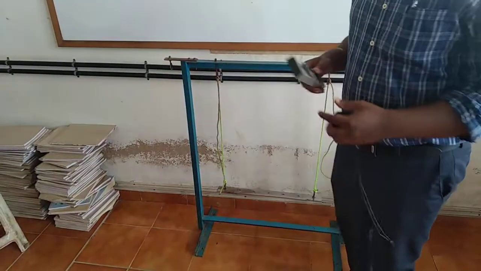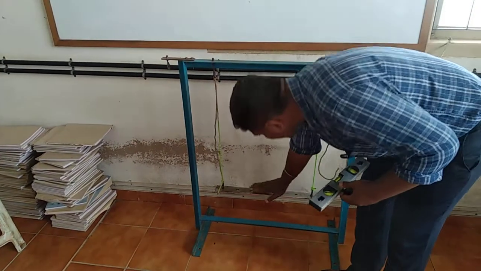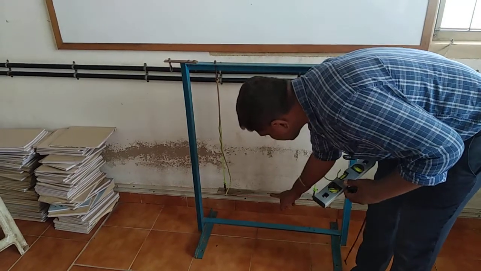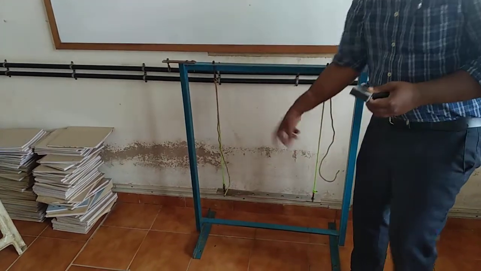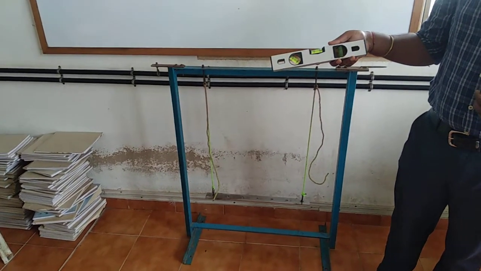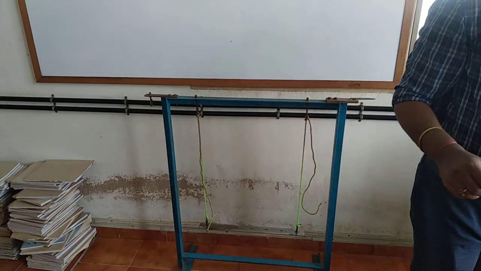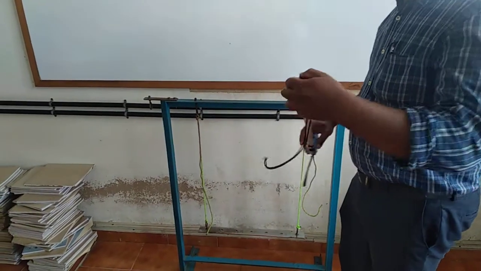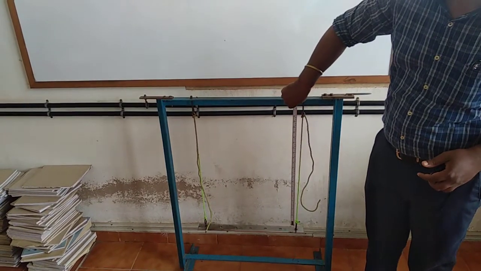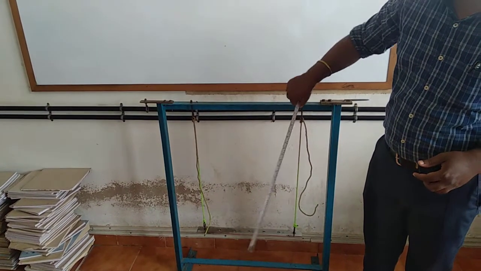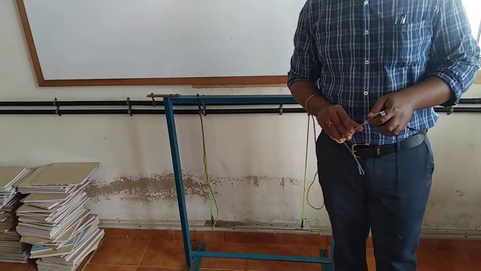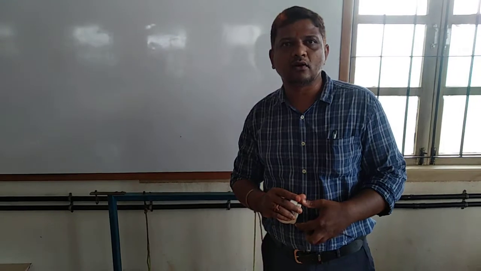So we should make sure that this flat is right, that it is parallel between the ground level as well as the flat. To measure the length of your bifilar suspension, we are going to use the tape. We are going to take the 3 readings and calculate for all the 3 readings.